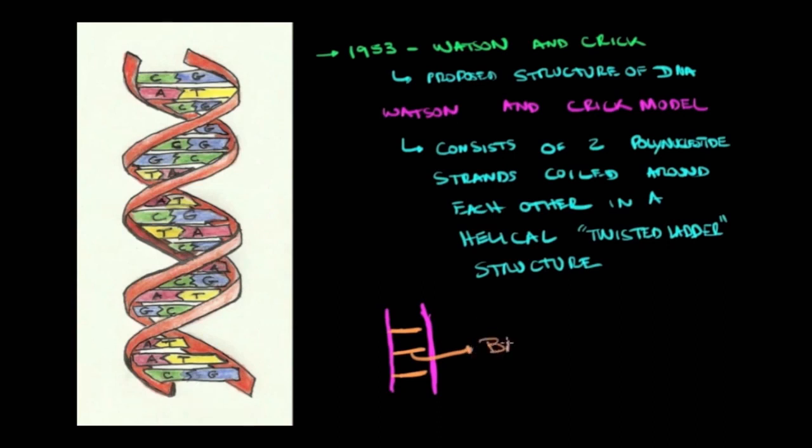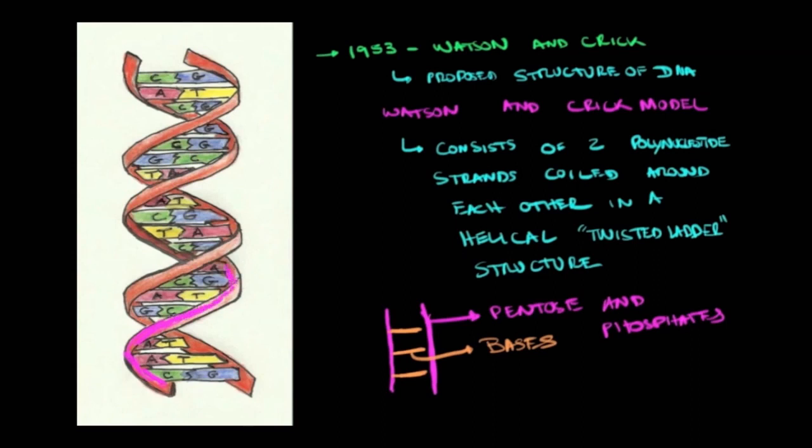The steps of the ladder in the middle are the bases. They are bound to the pentose, and they meet in the middle of the ladder. I'm going to show you on the picture on the left, using the same color so you can understand where my ladder is, because here you have the structure of the DNA twisted around itself.